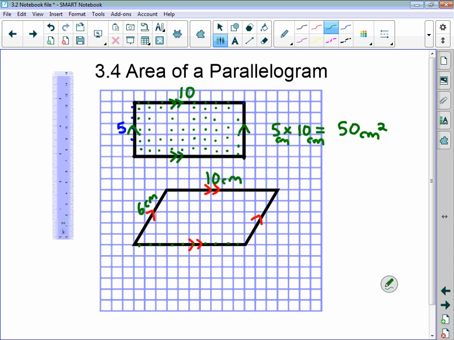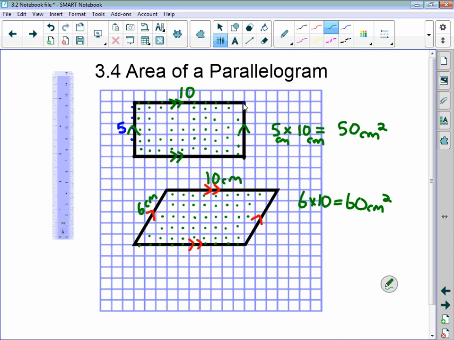So we would think that the area of this parallelogram should then be 6 times 10, which is equal to 60. But let's count out how many squares are actually on our grid paper. Let's count out all the whole ones that we see. 1, 2, 3, and so on, up to 43.